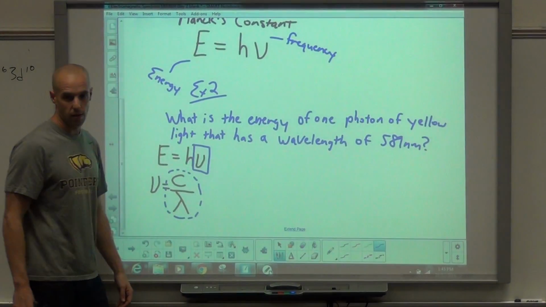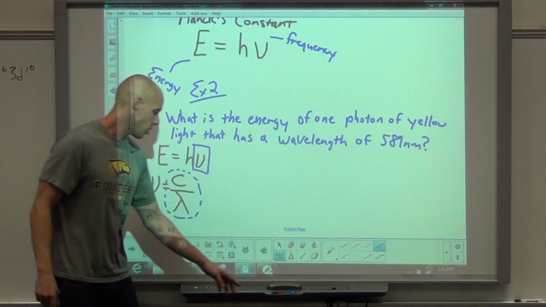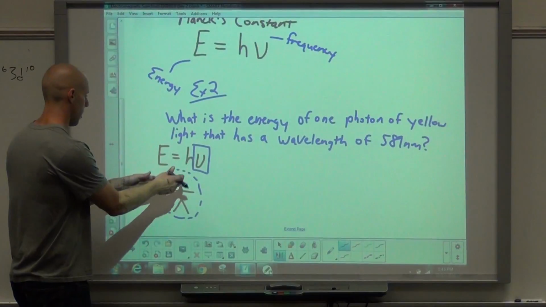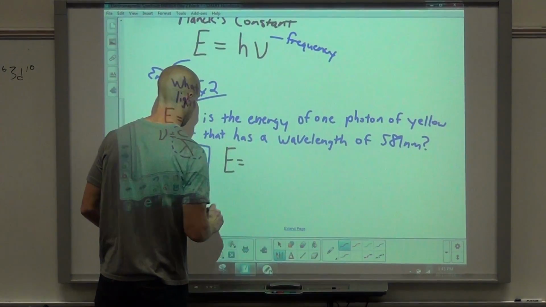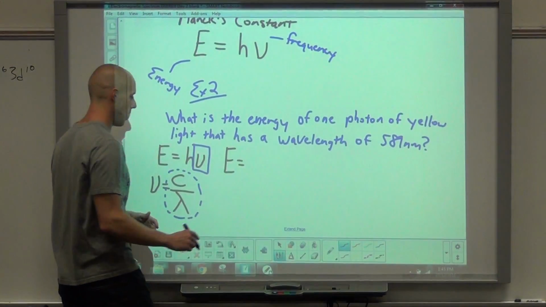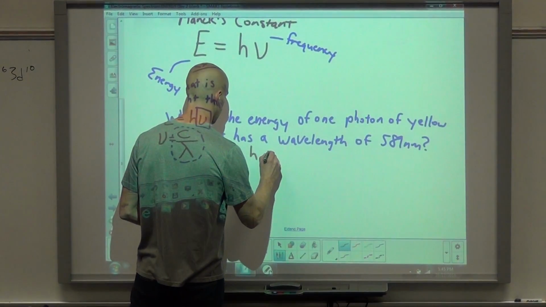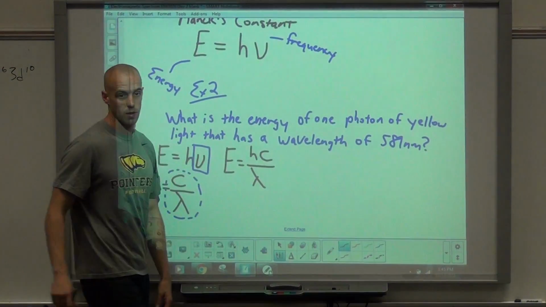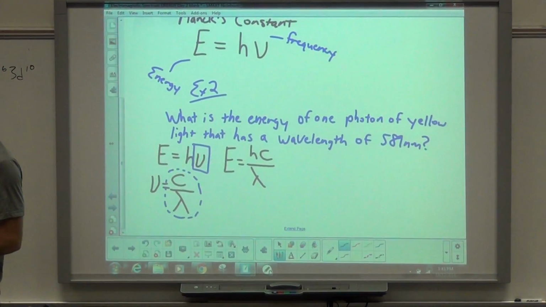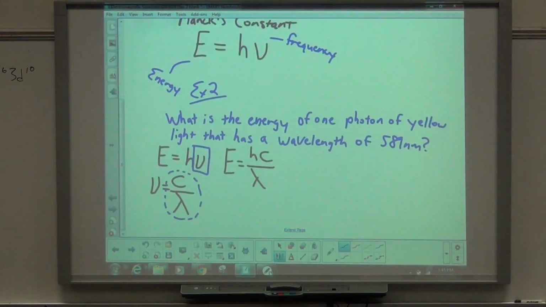The last equation that you're going to write down today is literally a substituted version of this. So if you're given a wavelength and you need to solve for energy, you know that energy is going to equal Planck's constant times the speed of light divided by the wavelength. Okay, so you can write that on your formulas as well.